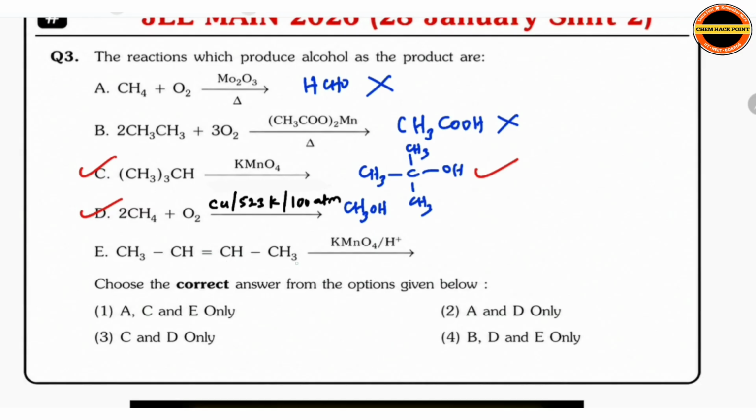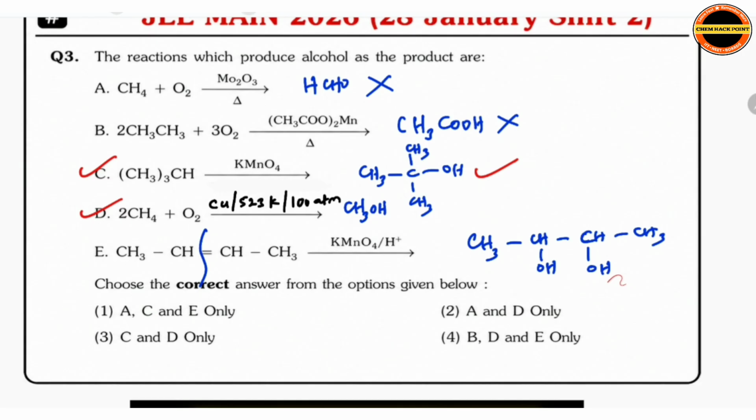CH3-CH=CH-CH3 with KMnO₄/H⁺ produces a vicinal diol, right? Just now we studied above that syn addition occurs. So it forms CH3-CHOH-CHOH-CH3, a vicinal diol. But see, it's not an alcohol, it's a diol.